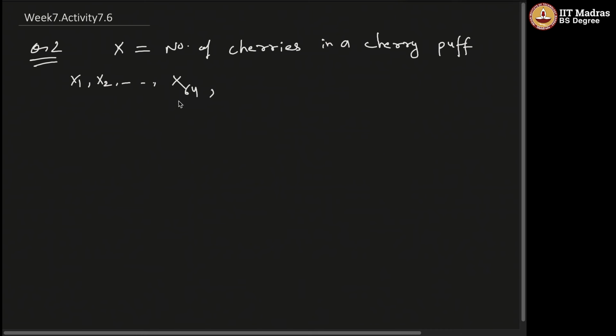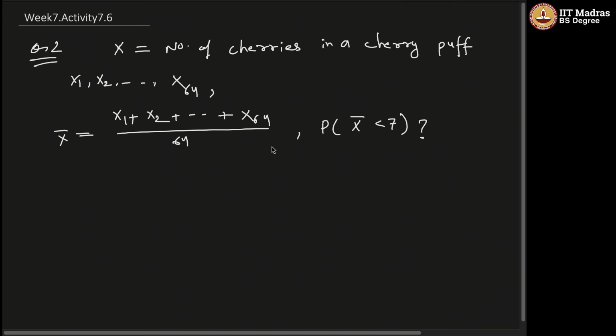So the average is x1 plus x2 up to x64, and we divide this whole thing by 64, which is x bar, and we have to find the probability that this x bar is less than 7.